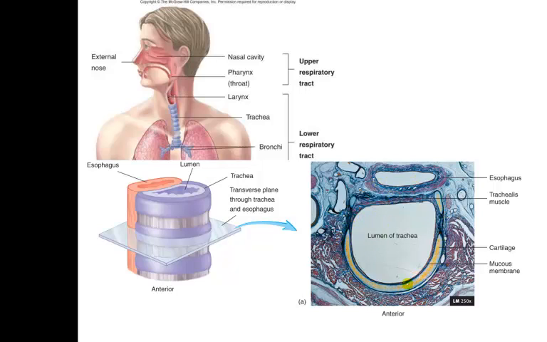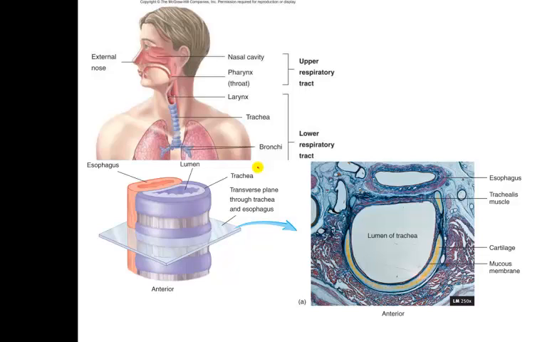Here's cartilage, and it's sort of C-shaped. Doesn't go all the way around. Basically, the reason it doesn't go all the way around is because of the attachment of the trachea to the esophagus, so that the cartilages end at that point of attachment. So trachea, is the lumen where the air passes through.